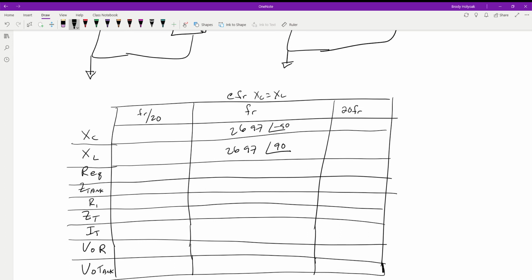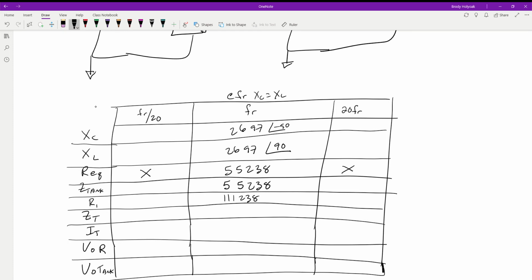The R equivalent we had was 55,238. And we're only going to have that at the resonant frequency, so we don't have to solve for it for the other two spots. We have our Z tank, which comes up to be 55,238 because there's nothing else in parallel with it. And then we have our impedance total, which was 111,238.